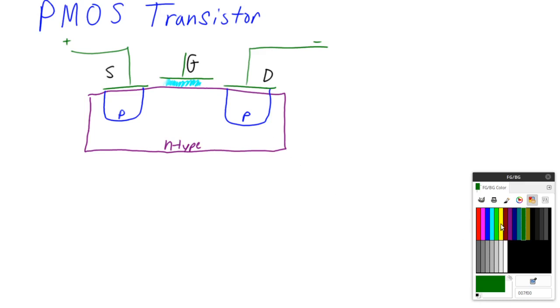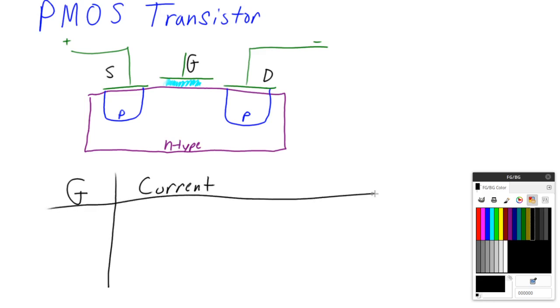So let's look at that. Actually, let's make a table here. So we're going to say gate, and we'll consider our current. So if our gate is a 0, what that means is we've got an excess of electrons here.